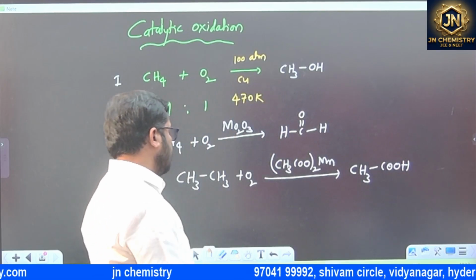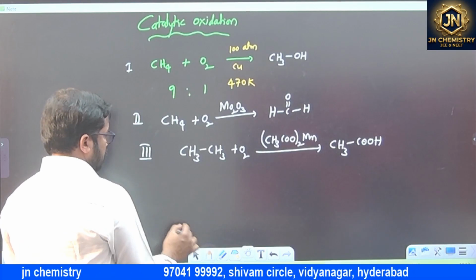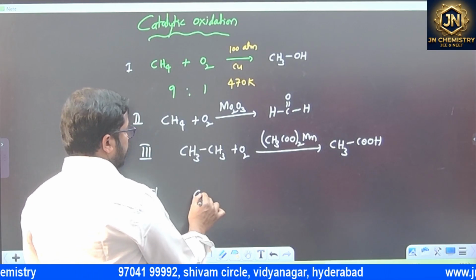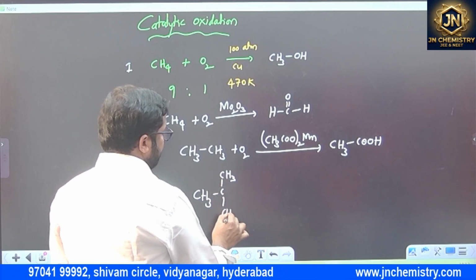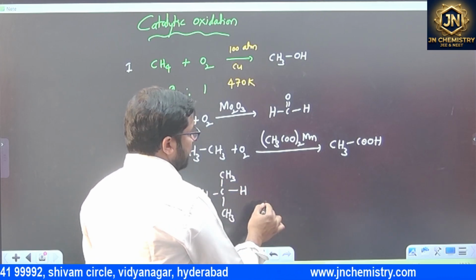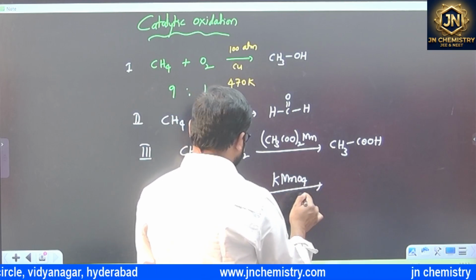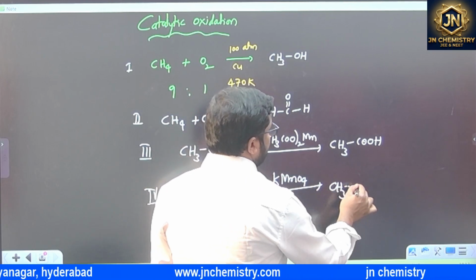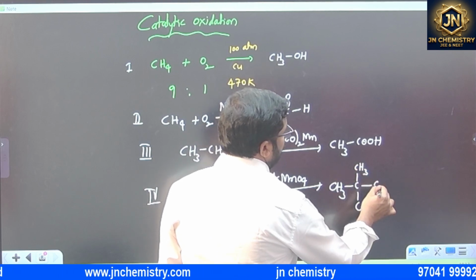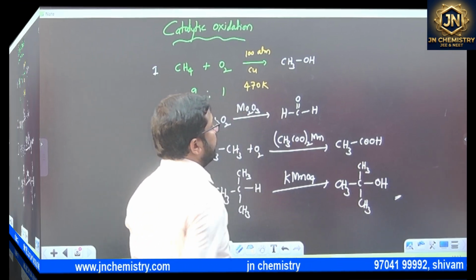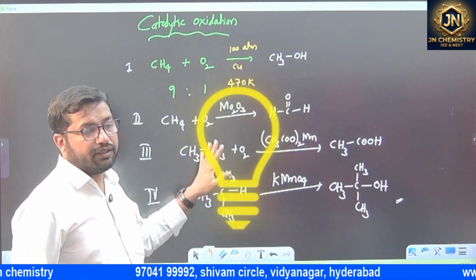Next, the fourth reaction: 3-degree hydrogen. In NCERT they have given the same as it is, so we need to go with the NCERT flow. So 3-degree hydrogen only converts into alcohol. Write it down. These 4 reactions we need to remember, very important.